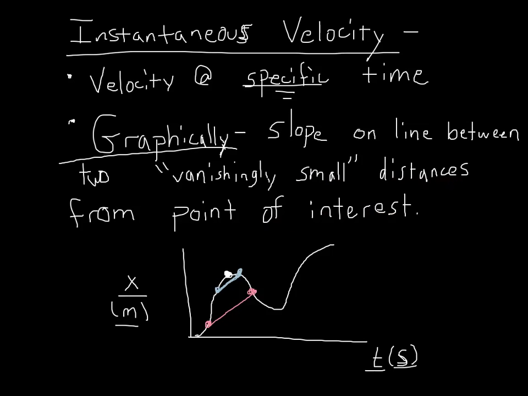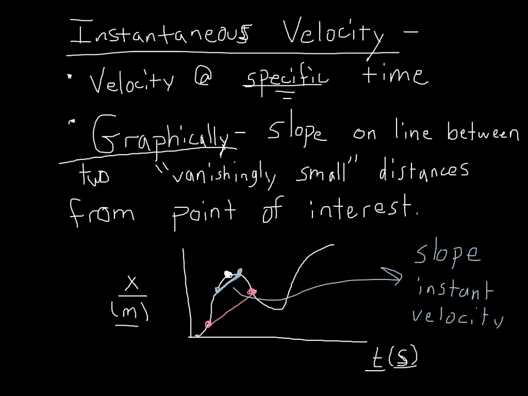And eventually, as I keep shrinking this down, this slope will get closer and closer to the instantaneous velocity, the velocity at that one single point. Now, graphically, it's very difficult to do this. This is why we have the benefit of calculus.